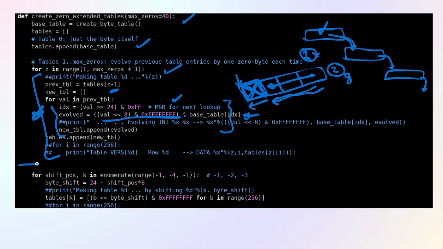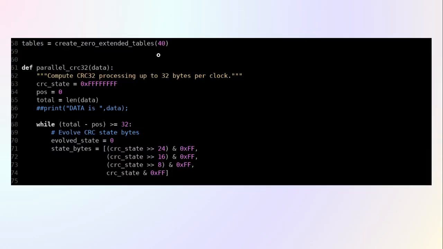Next up, once we have these evolved tables, the next thing is that we will take these tables and create all the tables, right? Those were the subroutines.